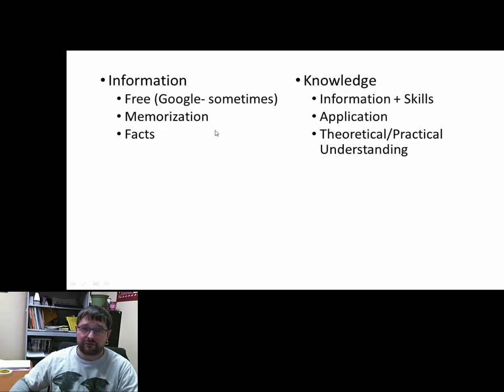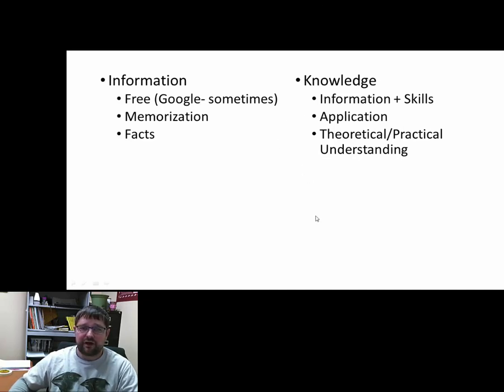So you need to memorize it in some way. And what you're going to be memorizing is facts. Facts that scientists agree on. That's the information piece. And that's enough maybe in, say, general classes. In some general classes, that might even get you an A. Being able to do that.